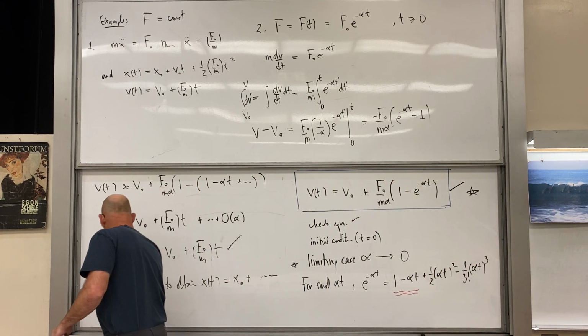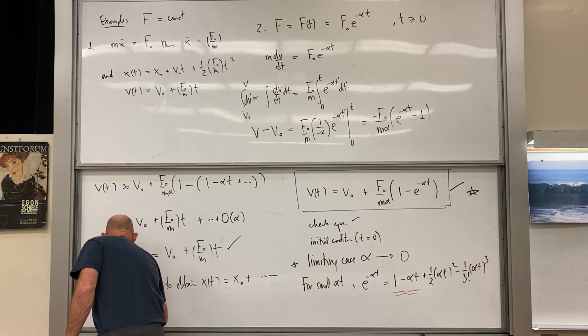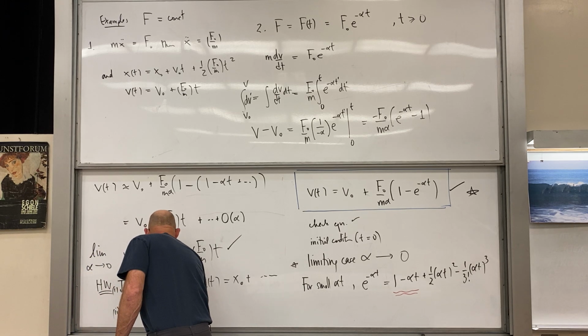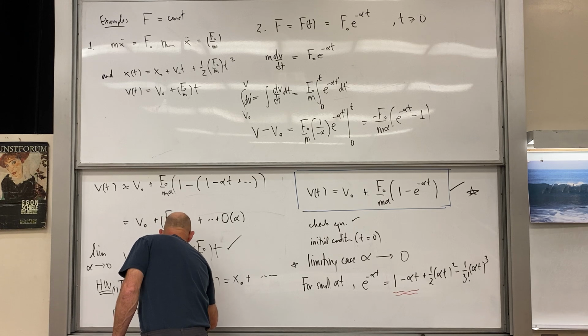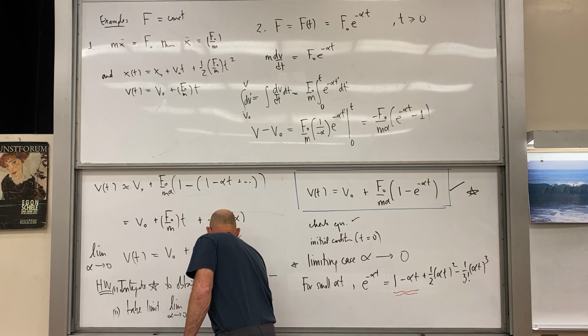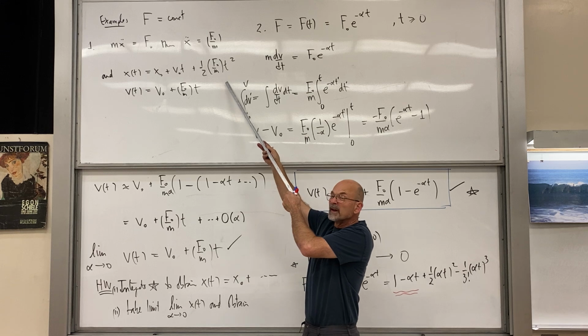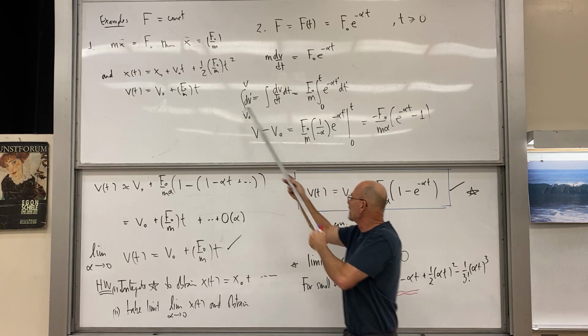So let's go ahead and number these 1 and 2. Take the limit alpha goes to 0 of x of t, and what you want to do is obtain this x of t up here. So you do that carefully.